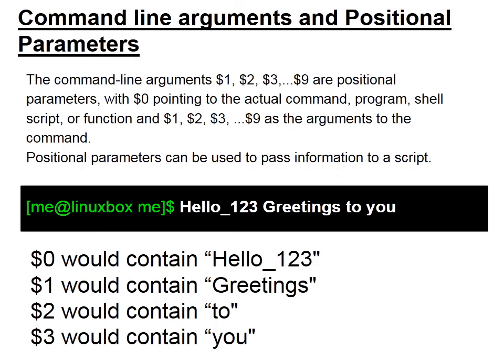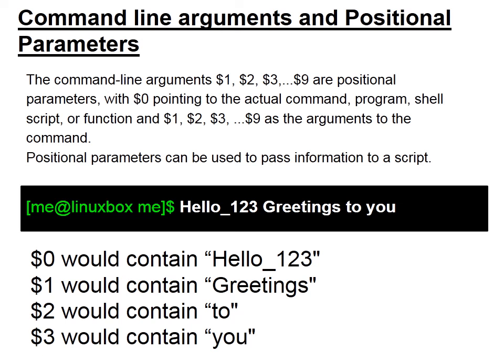Now we come to our last topic, that is command line arguments and positional parameters. The command line arguments $1, $2 till $9 are positional parameters, with $0 pointing to the actual command or program or shell script or function, and $1, $2, $3 and so on till $9 as the arguments to the command.